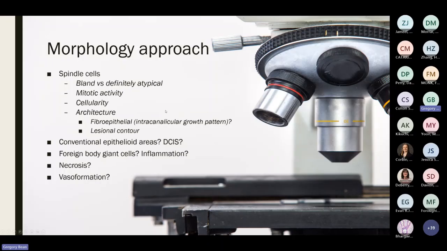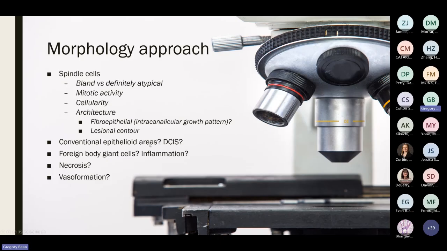That includes both the architectural pattern of the growth itself and the lesional contour, whether it's circumscribed or infiltrative. You could also look to see if you see any evidence of fibroepithelial architecture, which might mean you're actually looking at a fibroepithelial lesion instead of a classical spindle cell lesion in the breast. And then there are these morphologic hints that can point you in certain directions.